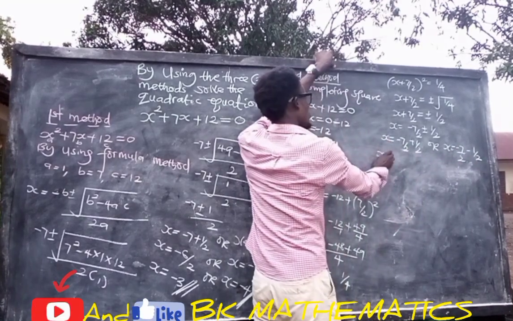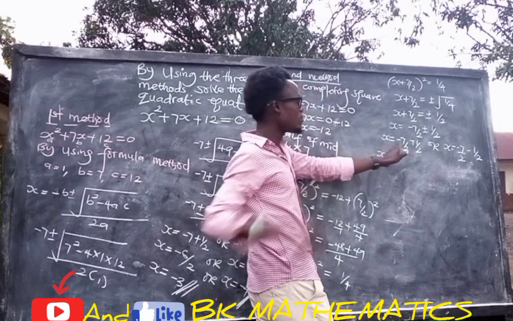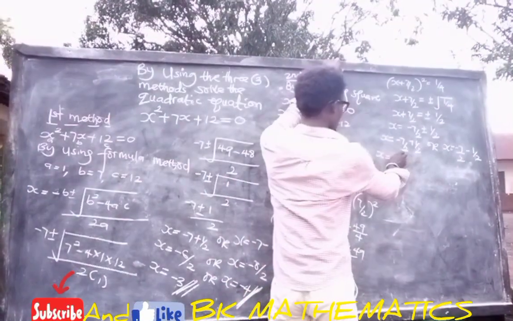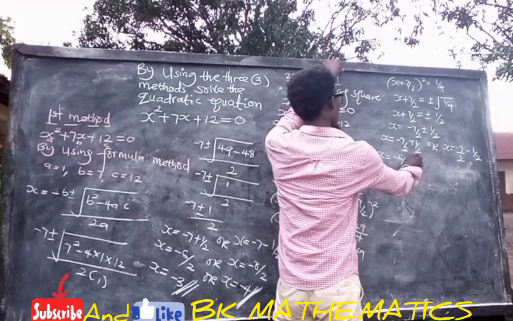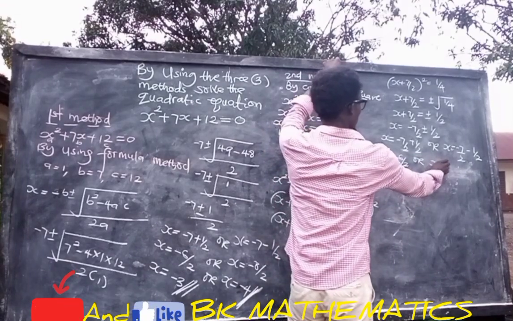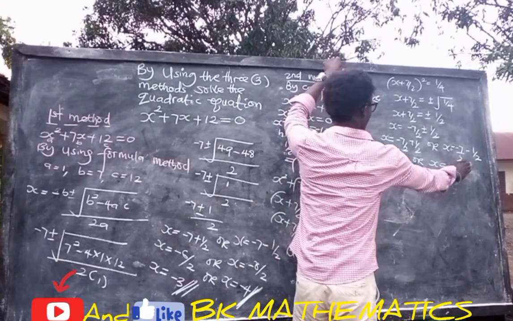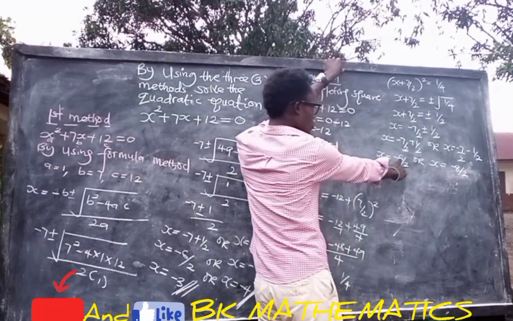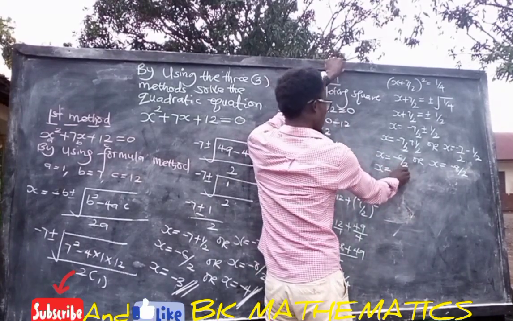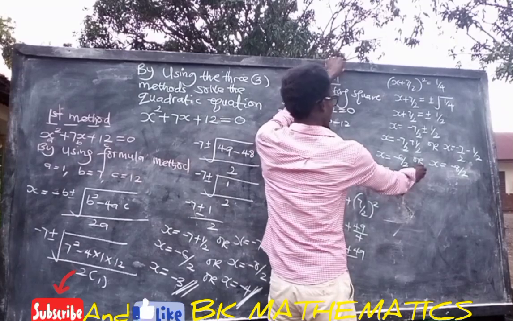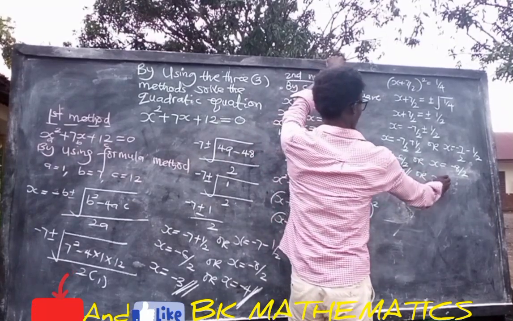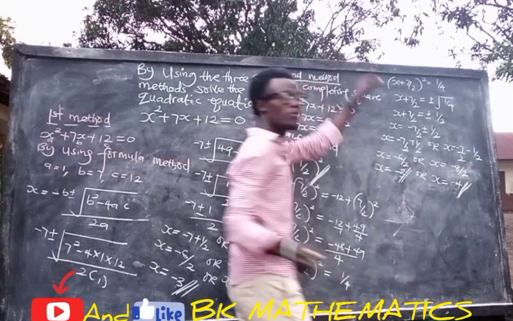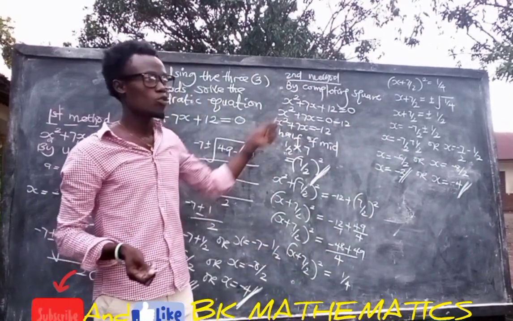Then the value of x becomes, if you are simplifying this one, minus 7 plus 1 giving you minus 6 divided by 2, or the value of x becomes minus 8 divided by 2. Then we say x is equal, 2 goes into 6, minus 3 times, or the value of x also becomes minus 4 respectively. So these are the two possible values of x using the square method.